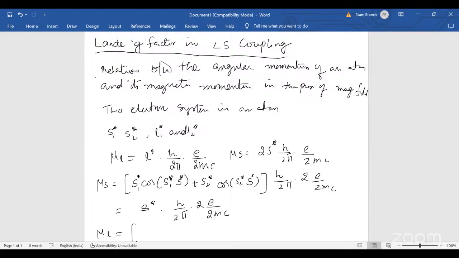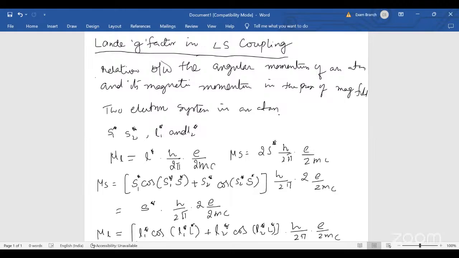So it will be L1 star cos of L1 star L plus L2 star cos of L2 star L capital star, into h by 2 pi, which is common, into e by 2 mc.